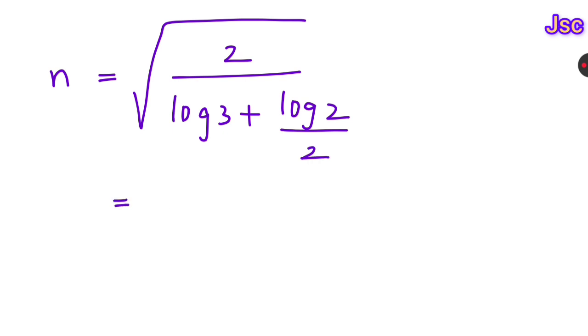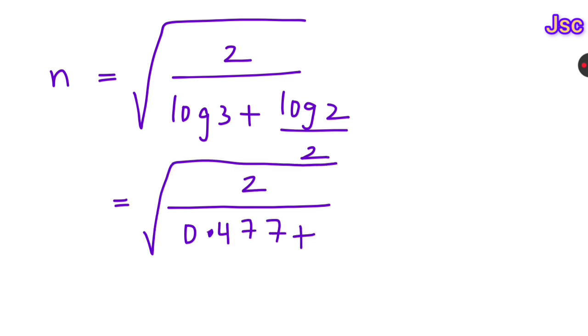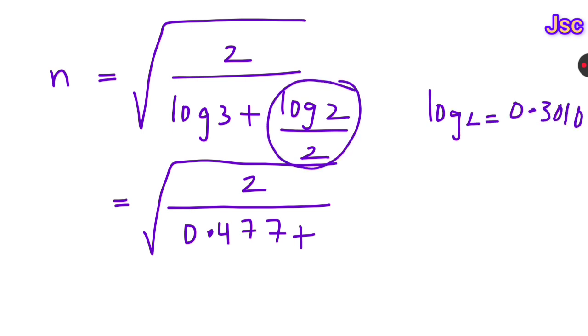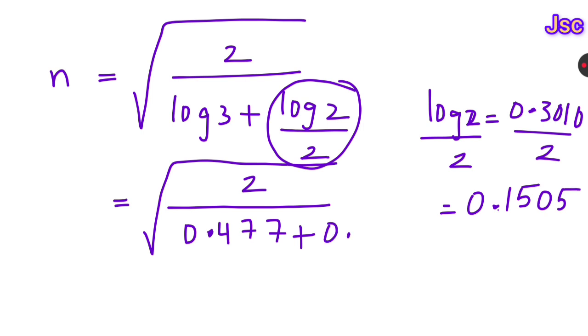And we know that log 3 the value is 0.477, plus, and also we know that log 2 the value is 0.3010. If you divide by 2, then you will get 0.1505.